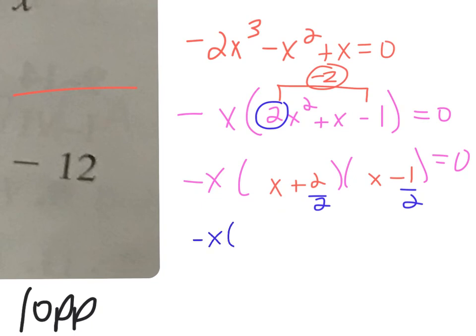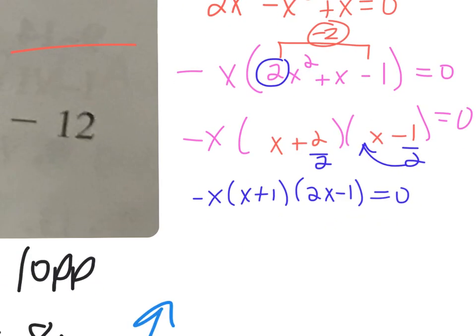So I have negative x. What happens with 2 divided by 2? Just becomes 1, so x plus 1. Does negative 1 divide by 2 nice and pretty? So this just becomes our coefficient. So 2x minus 1, and then set equal to 0. So you got x equals 0, x equals negative 1, and x equals positive 1/2.